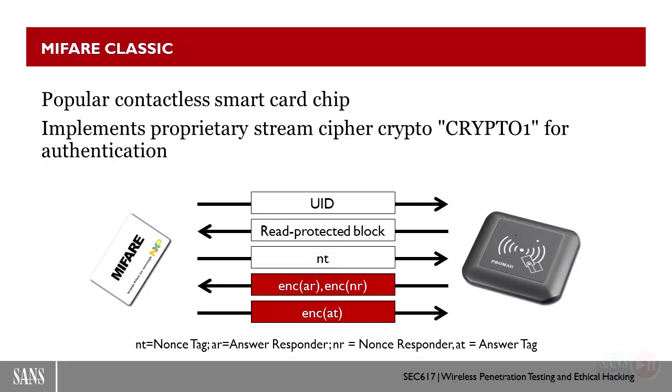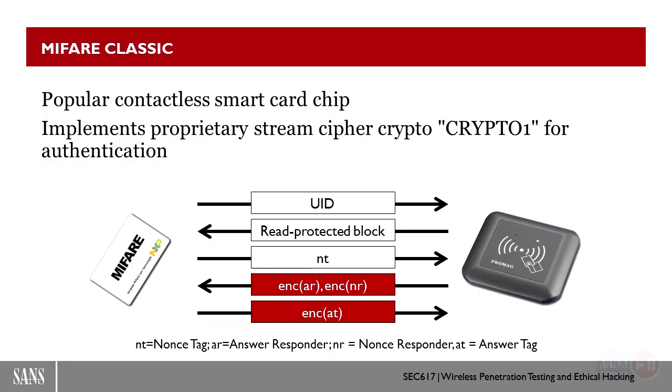All right, so with the MIFARE Classic line, we do have the ability to encrypt data and have some access control based on the encrypted data on the cards. In order to read that data, we need to authenticate to the card. The reader reads our UID, and then, given the UID, we attempt to read a protected block, and it returns a nonce to us.